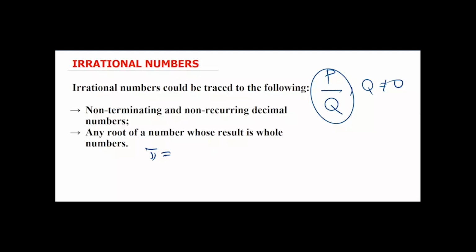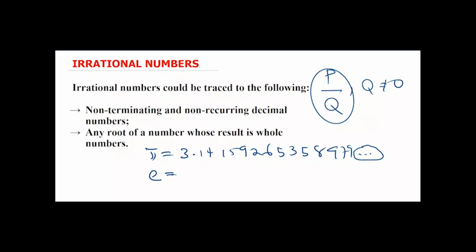So pi is equal to 3.14159265358 and so on and so forth. This sign of ellipsis here tells you that it continues like that. For this reason, this is a non-terminating, non-recurring decimal number. Another constant which is also an irrational number is Euler's number, which is denoted E.